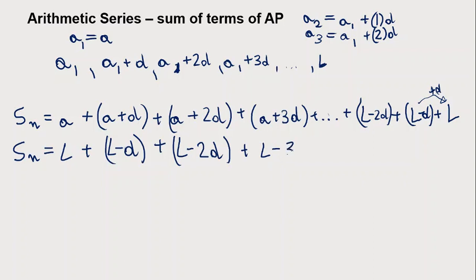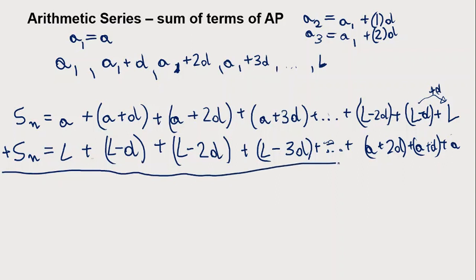But here we have technically 3 differences away from the last, plus and so on, plus here on the other end, if we switched it around, we would have A plus 2D and then plus A added to D and plus A. Using the same principle like we did before, we are trying to add 2 series together to find out something important there.